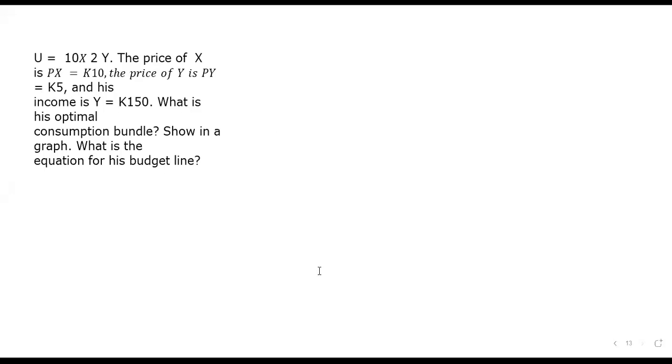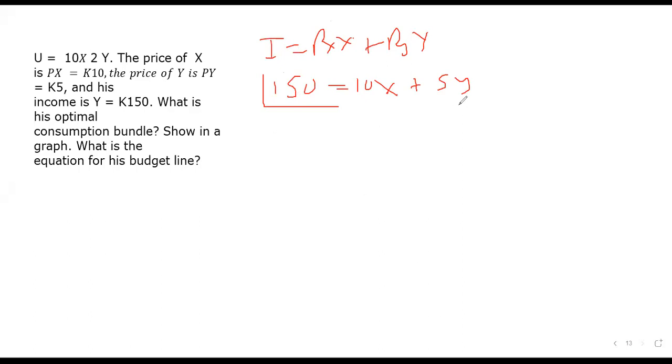What's the budget line in this case? Income is price of x times x plus price of y times y. So income is 150. Our price of x is what? 10. The price of y is what? 5. So put this one here.